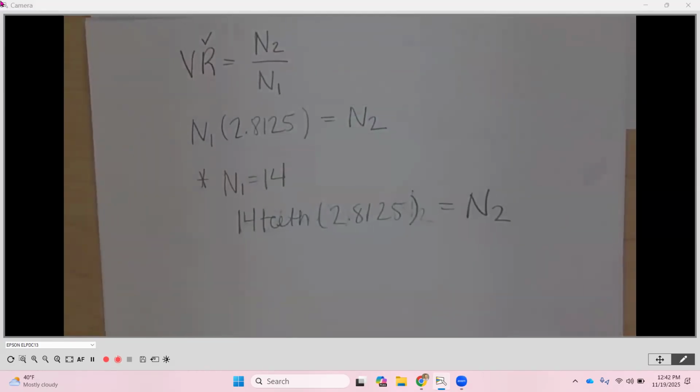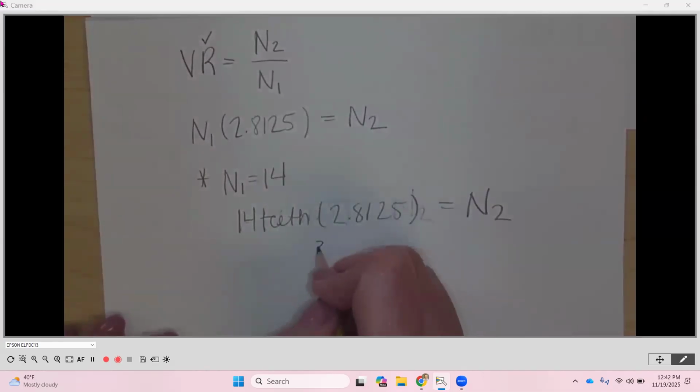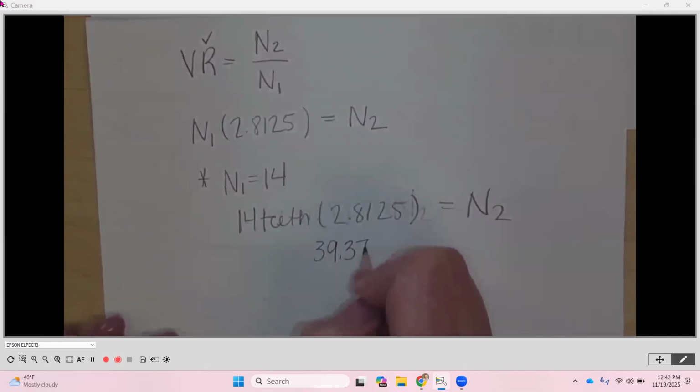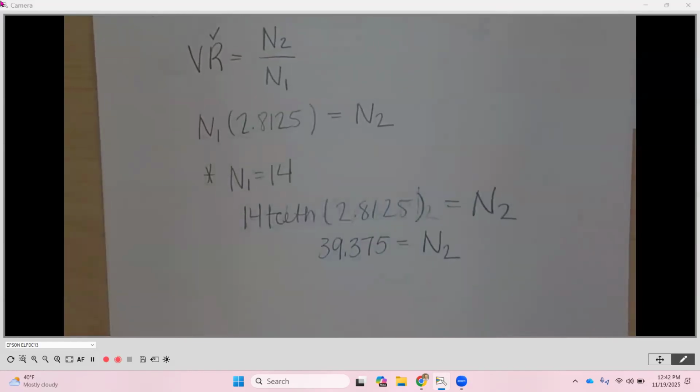They are teeth. So now we take 14 and multiply that by 2.8125. And you're going to notice here that we get 39.375 is equal to N2. Do you get that same number?